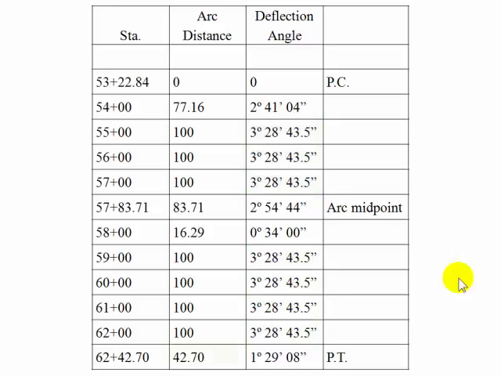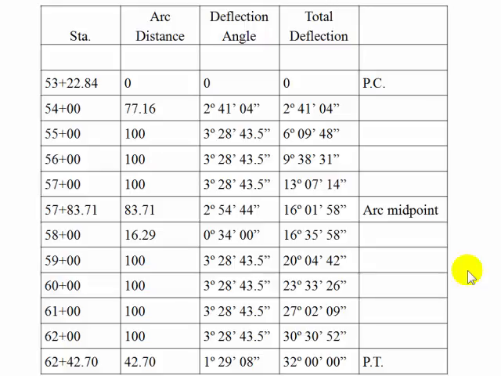Down at the tail end of the curve, I had a 42.70 foot arc to get from station 62 plus 00 down to the PT with an angle of 1 degree, 29 minutes, 8 seconds. Once I have computed all my incremental deflections, then I can sum cumulative total deflections.